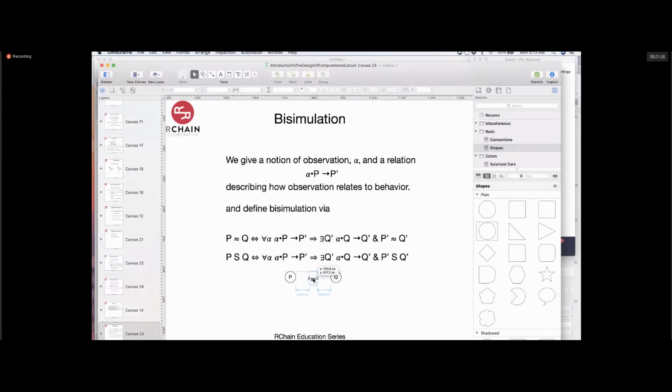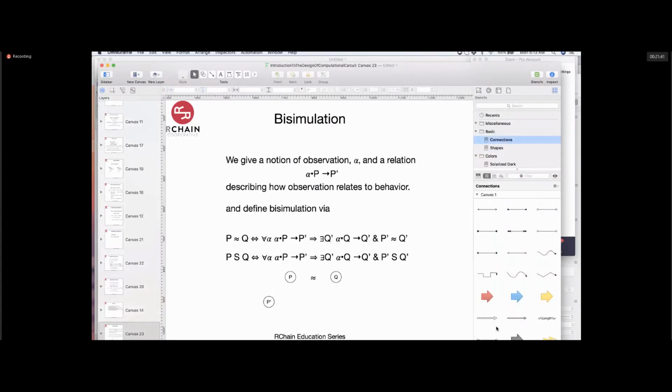So basically, what we're saying is that if I can observe P via alpha, so let me get a connection here. Okay, so we've got that.